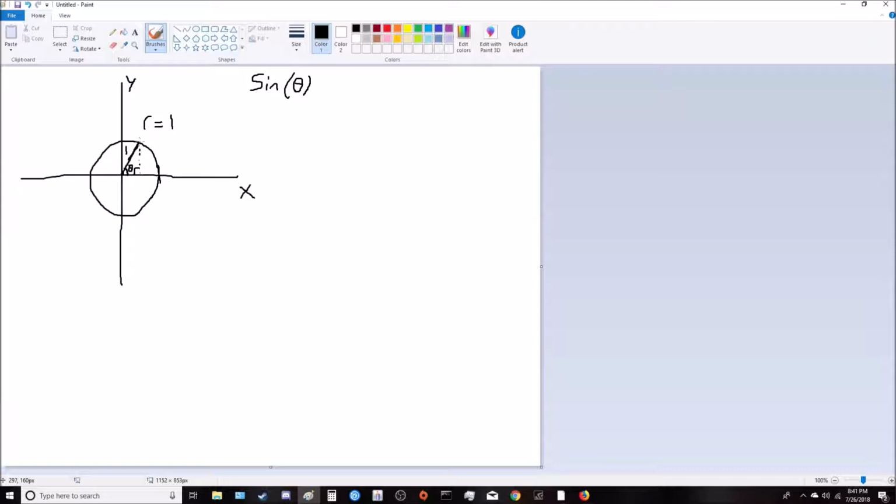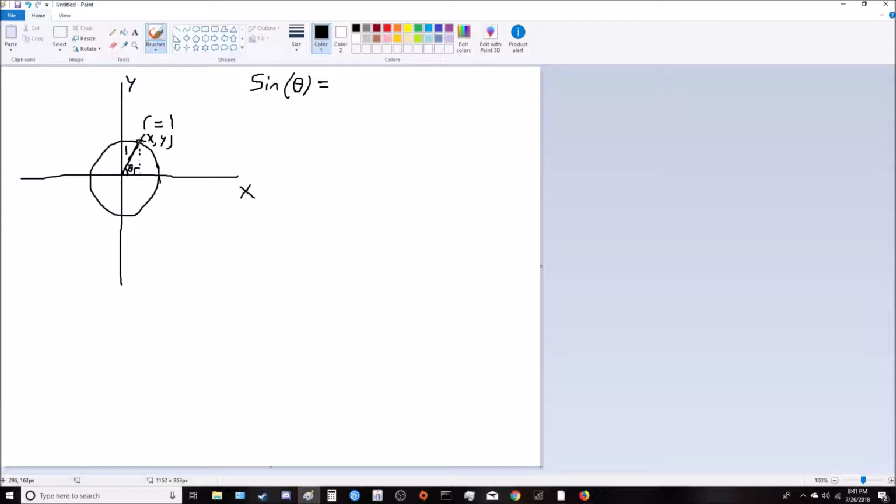And thus, the opposite side represents the y-coordinate of wherever our radius ends up. I'm going to label this ordered pair as (x, y).